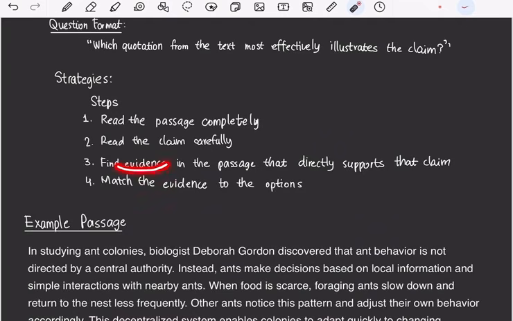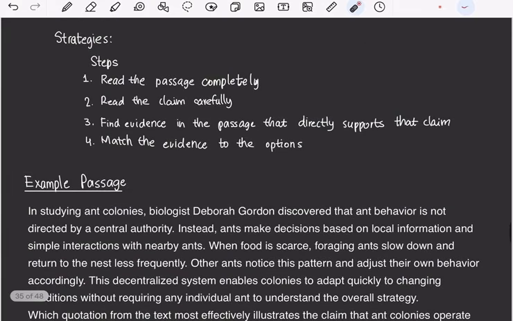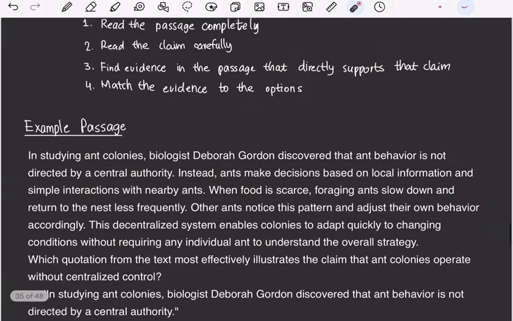So for the evidence type questions, you need to find evidence for your claim, right? So underline the evidence that you think is true for the claim that you are finding out, right? And the last thing is to match the evidence to the options, the exact quotations, okay?